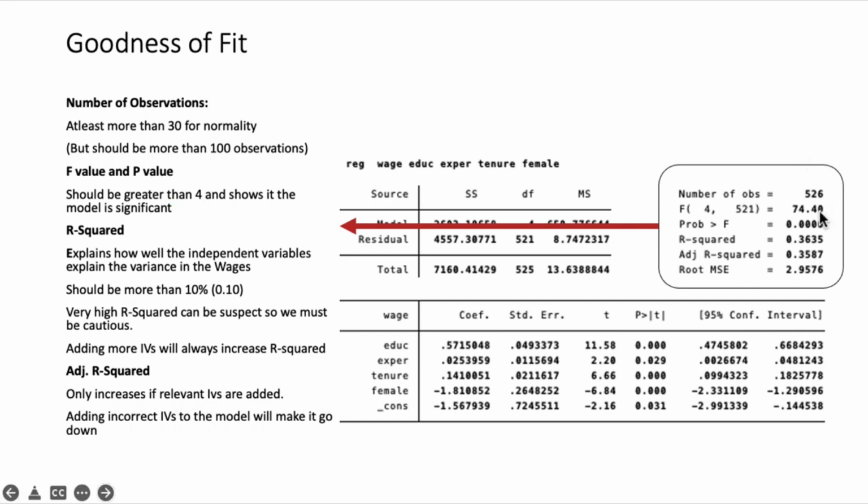Normally you want to have observations that are greater than 30 just for normality purposes. For running a regression, you want your data to be normal. But 30 is probably not a large enough number. Ideally, you should not be running a regression with less than 100 observations.